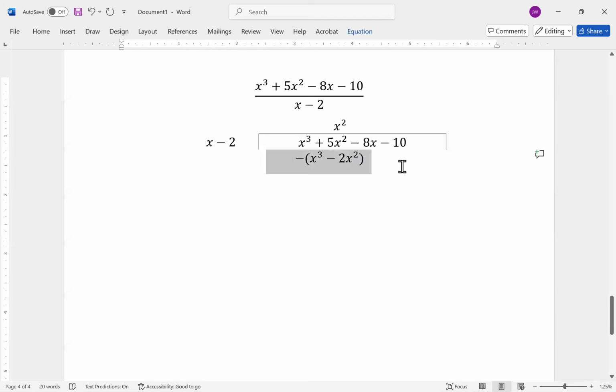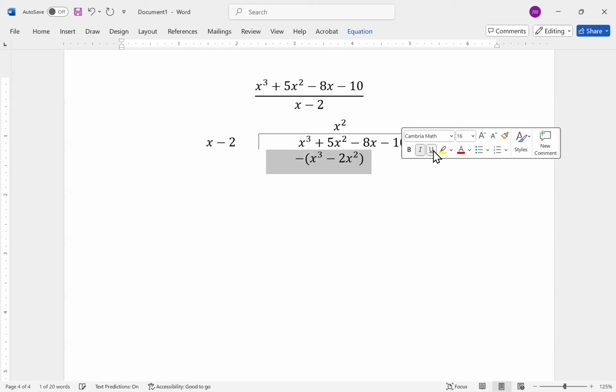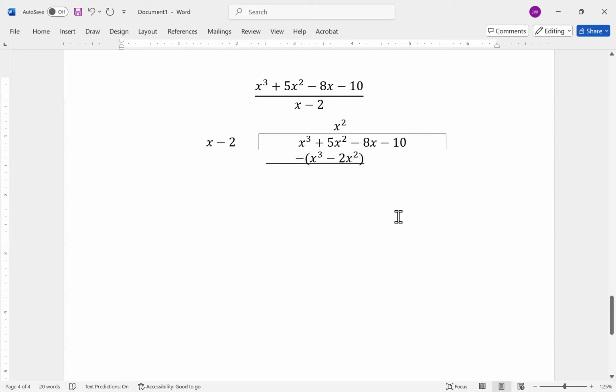Once I do that, technically a lot of times people will underline this. Once I do that, let me kind of move this back a little bit. Now we're good.